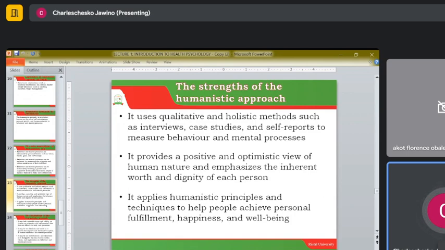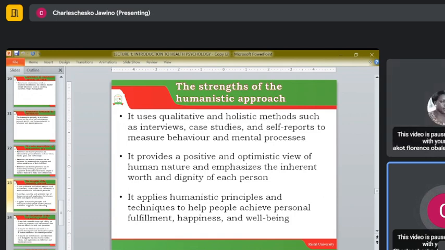Do you take yourself as a person of low dignity? What do you take yourself to be? The humanistic approach provides this view, and that stands to be a strength. And indeed, what people take themselves to be determines a lot in their behavior. What you take yourself to be determines a lot in how you behave.